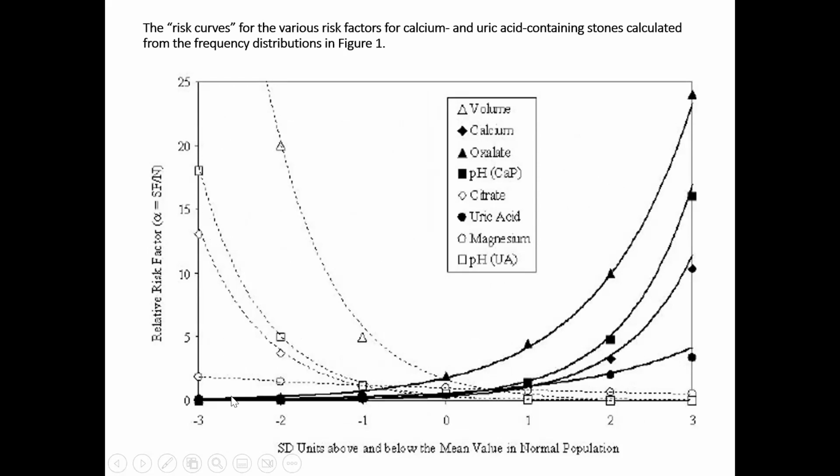And magnesium and citrate are inhibitory factors. Because of that, low magnesium and low citrate increase the risk of stone formation. The dark line shows the increased concentration of oxalate, calcium and uric acid. The increased concentration increases the risk of stone formation.